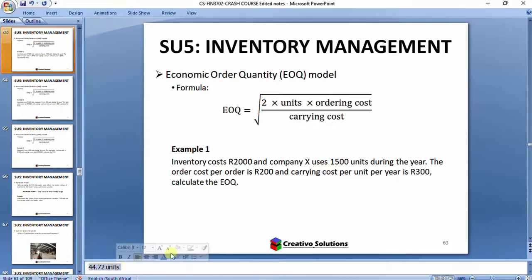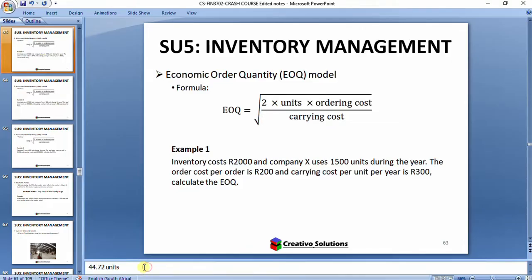Try again. Everything underneath the square root sign needs to be bracketed. On your calculator, 2 times 1,500 times 200 divided by 300 equals, and then square root that number. 44.72. That's better. Good.